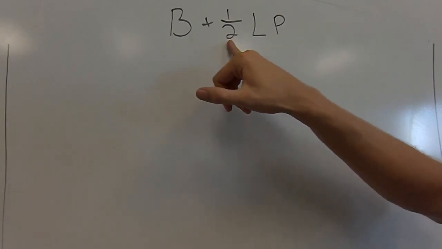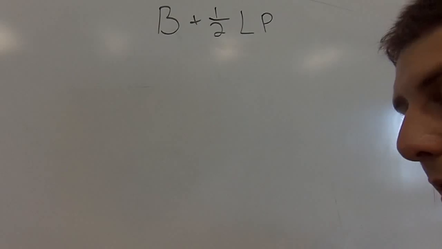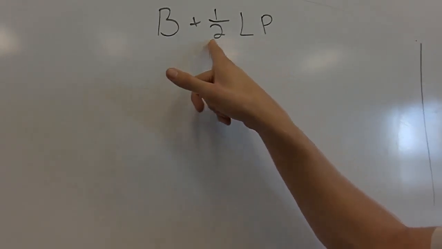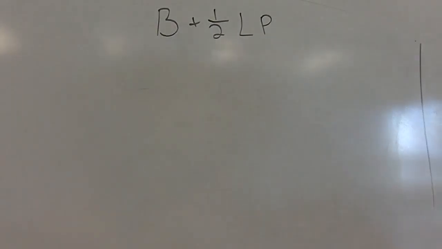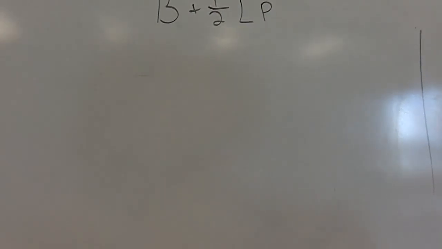The next part of the formula represents lateral area of the pyramid. So this small little snippet here in this formula will find you the lateral area. That includes every single surface in the lateral area.